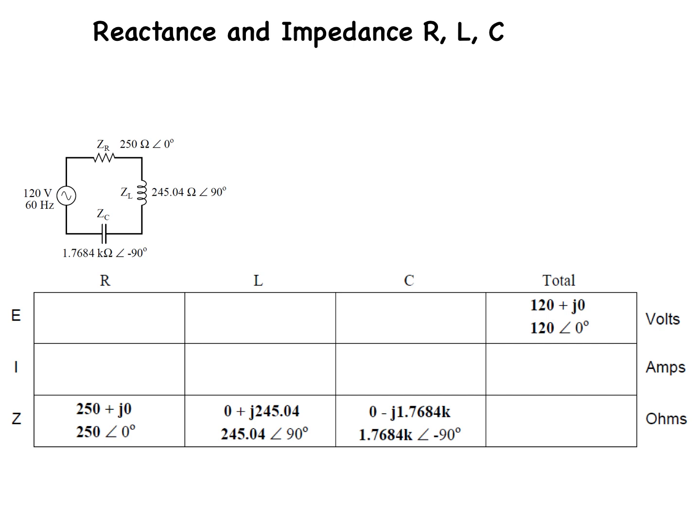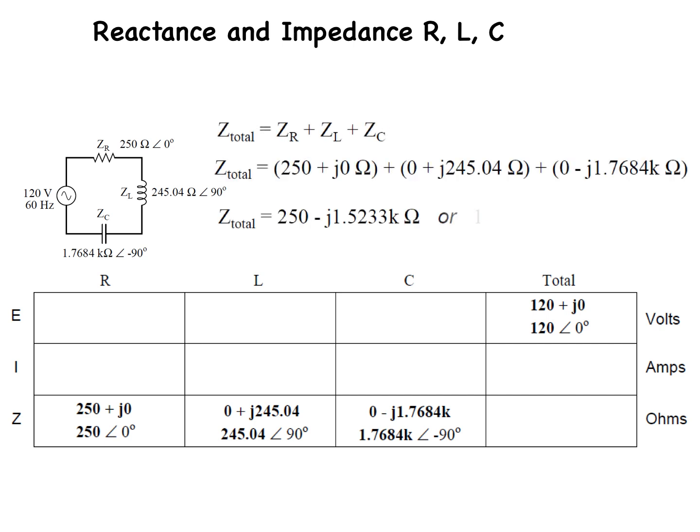The impedances we have already calculated, and we've got them marked on the diagram above the table, but I've listed them in both polar notation as well as rectangular notation, and we can use them back and forth during our calculations depending on when we're adding, subtracting, multiplying, or dividing.